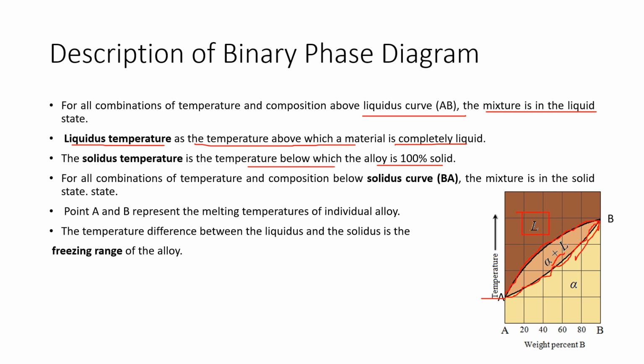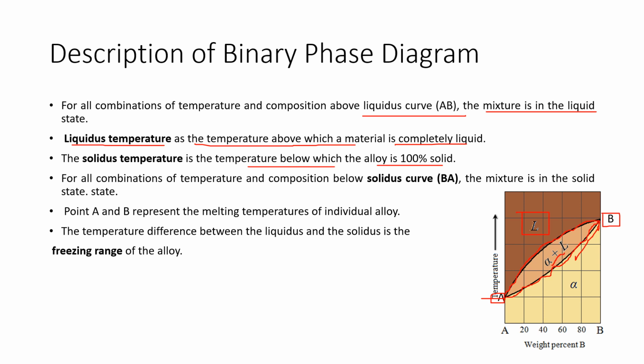Solidus line. Points A and B represent the melting temperatures of the individual components: point A is the melting temperature of A, and point B is the melting temperature of B. The temperature difference between the liquidus and solidus is the freezing range of the alloy.